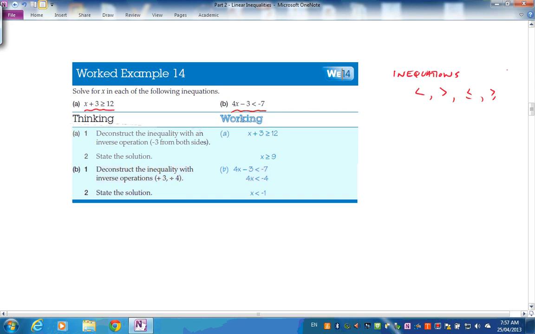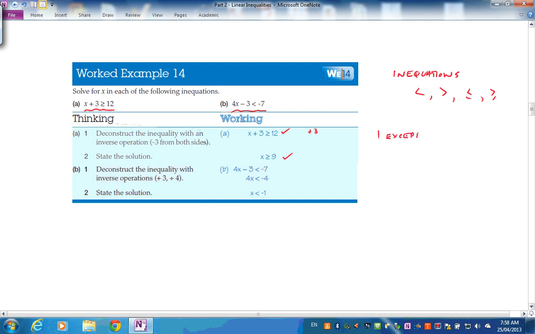Okay, so let's have a look at the first one. x plus 3 is greater than or equal to 12. Well, we can use the same principles by and large for solving these as solving equations. x has had 3 added to it, and it's got to be greater than or equal to 12. If we take away 3, x will be greater than or equal to 9.